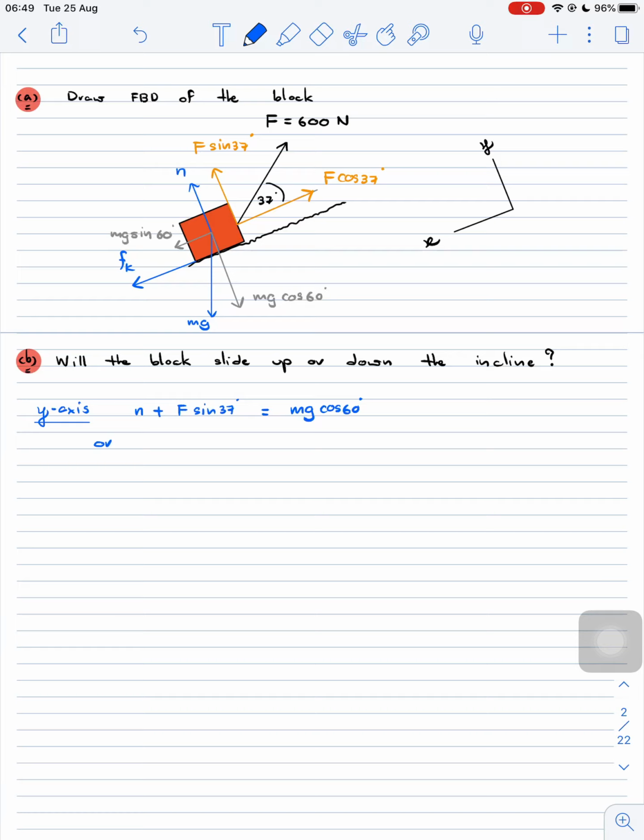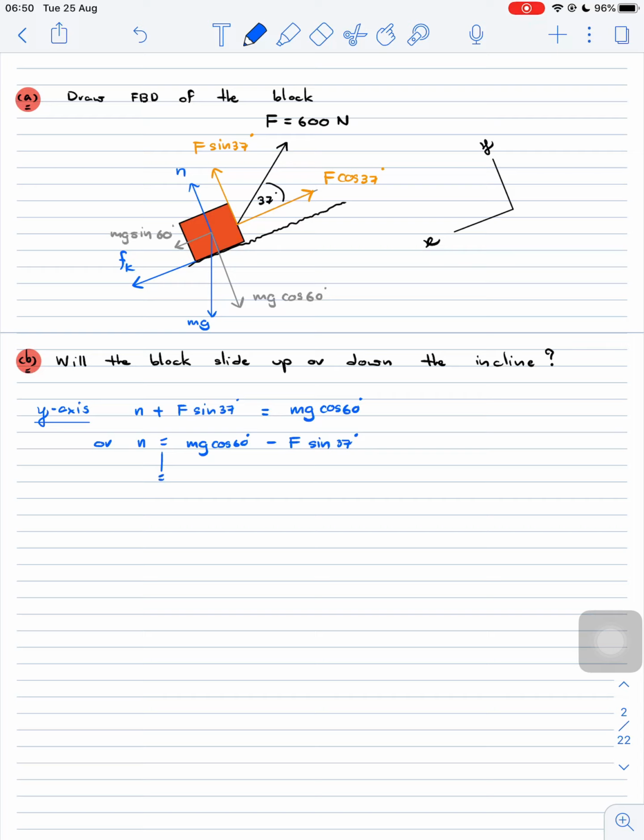Or we can say the normal force must be equal to mg cosine 60 degrees minus F times sine 37 degrees.